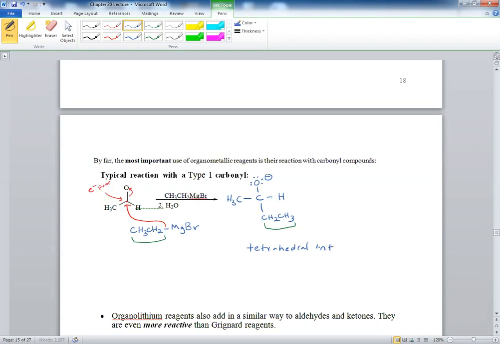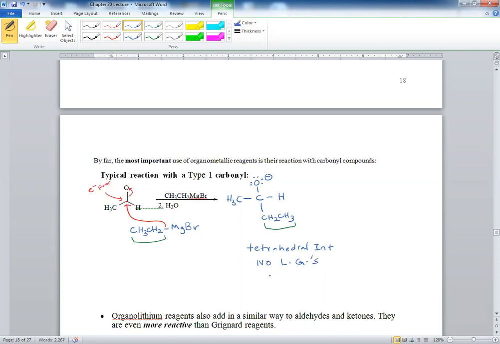Now, if you remember from the last discussion with the reduction and leaving groups, do we have a leaving group in here? Can those electrons come down from the carbonyl and kick something out? The answer is no. There are no leaving groups, because H or R, an alkyl group, are not leaving groups.